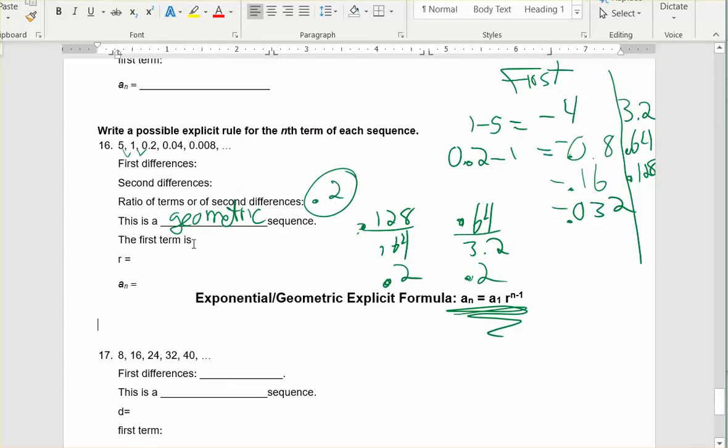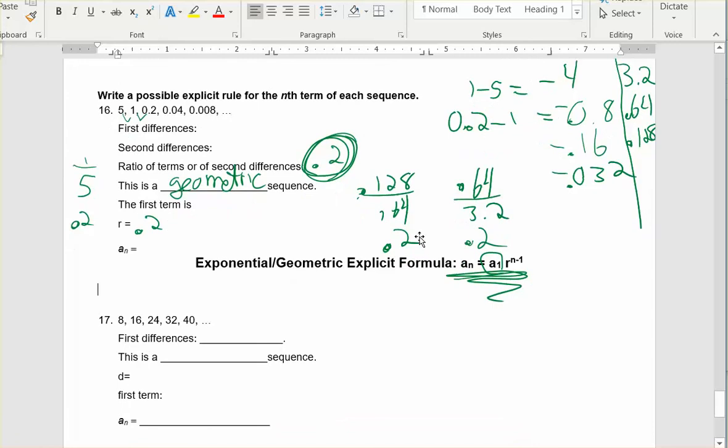And then you'll fill in the first term is 5, and the common ratio is 1 divided by 5, which is 0.2. And then a sub n will be found by using a sub 1, 5, times 0.2 to the n minus 1. And again, we'll leave our n's in the formula because we're just writing the rules here.